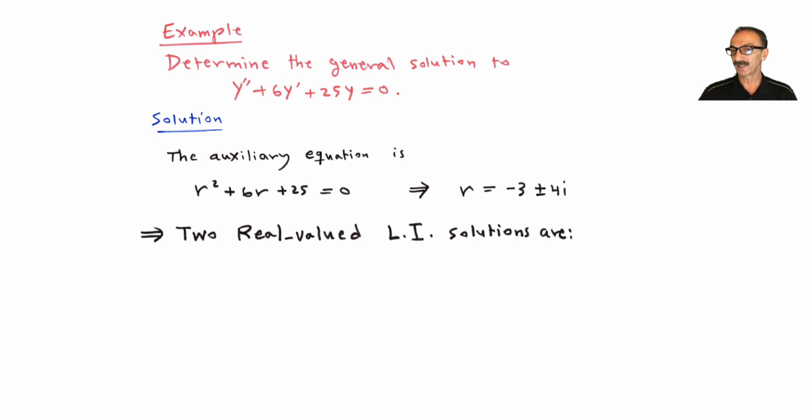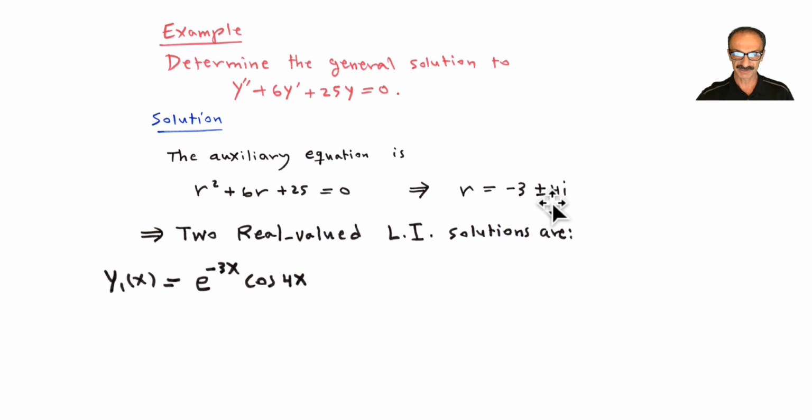e to the power ax cosine bx. Here we go. Y1 will be e to the power minus 3x. That's my a. This is my a up here. Cosine 4x, and that's my b right there.